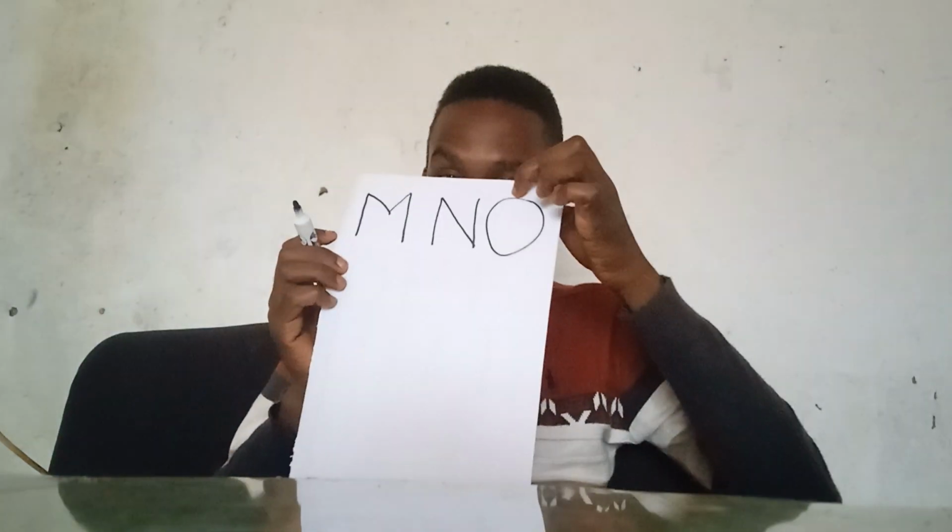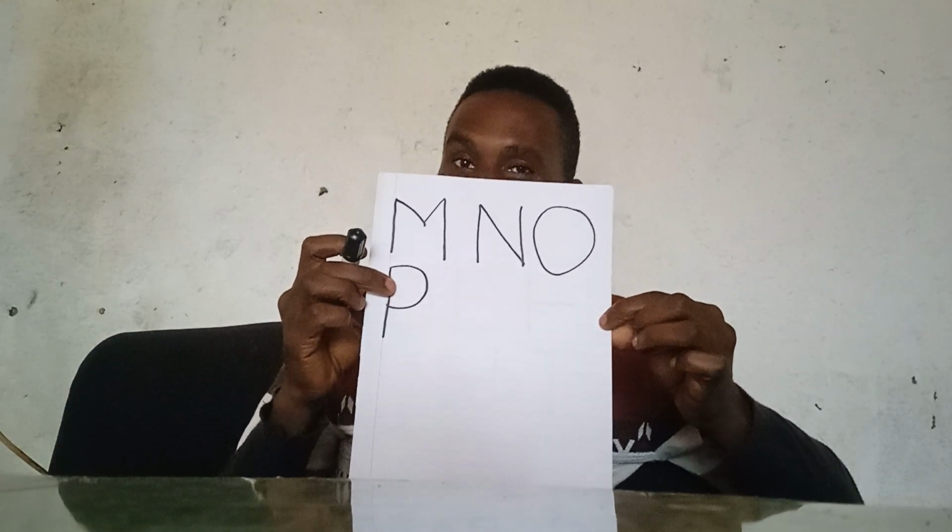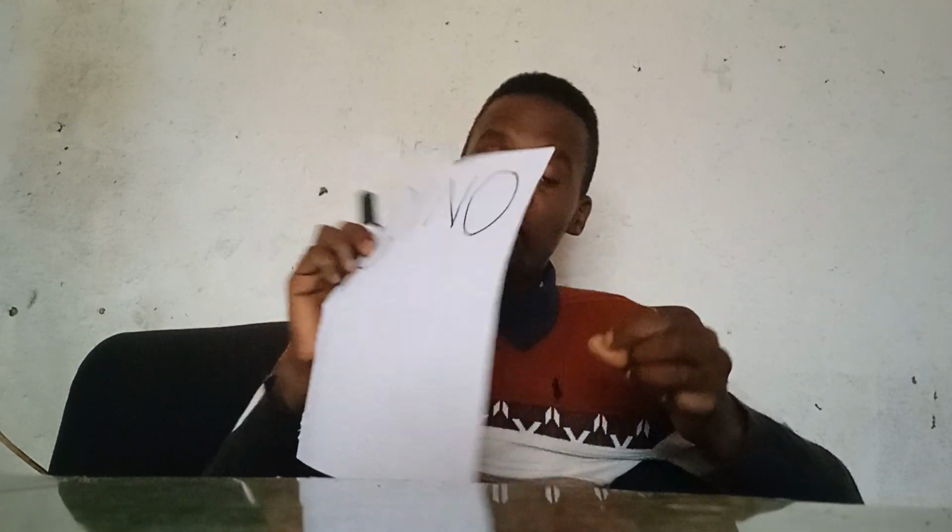Circle. Alphabet O. Now from O, we come to what? P. Can you write alphabet P? Okay, let's see. My alphabet P. From P we come to alphabet what?